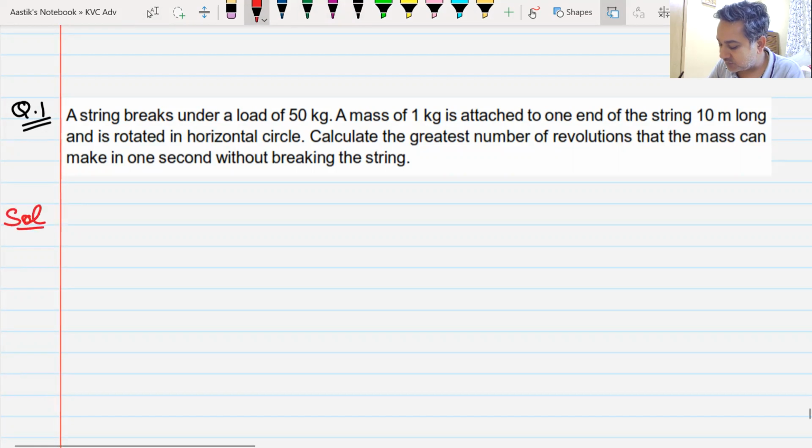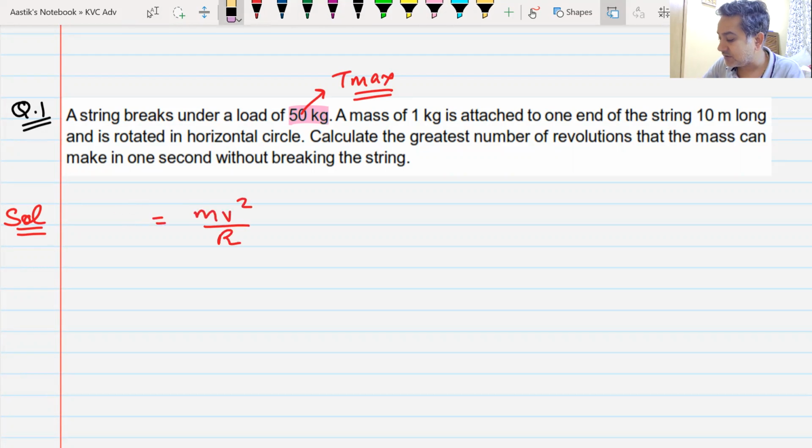You've not understood the question. A string breaks under a load of 50 kg, so that is the maximum tension that the string can have. The only formulas of tension that we have: T is equal to mv square by r. That is 1. No, it is not T, it is T sin theta.